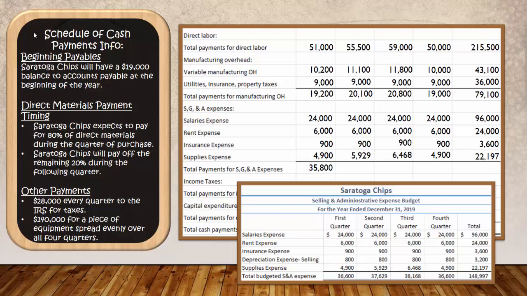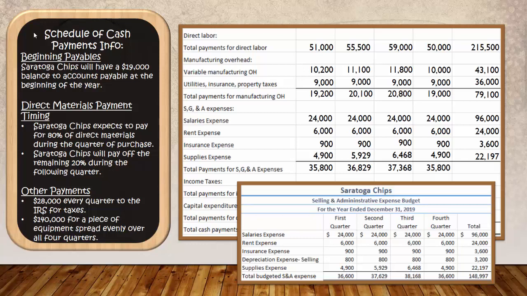To figure out our total payments for SG&A expenses, we're just going to add together the amount that we paid for salaries, rent, insurance, and supplies within that quarter. We had payments of $35,800 in total during the first quarter, $36,829 during the second quarter, $37,368 during the third quarter, and $35,800 during the fourth quarter.